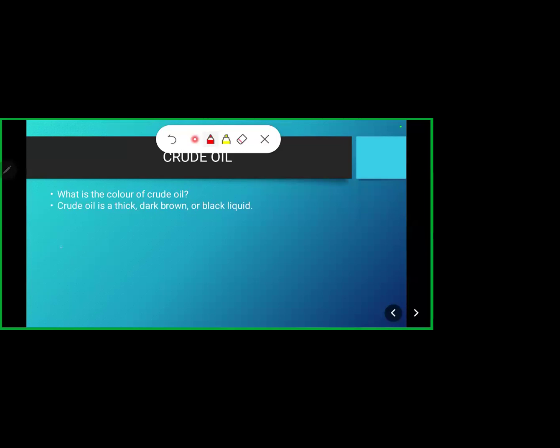So crude oil is a thick, dark brown or black liquid. So it is either thick, dark brown or black. So you can give either of those two colors. Don't give both, choose one, because usually when we tell students an alternative, they usually state both of them. So always choose your best alternative.